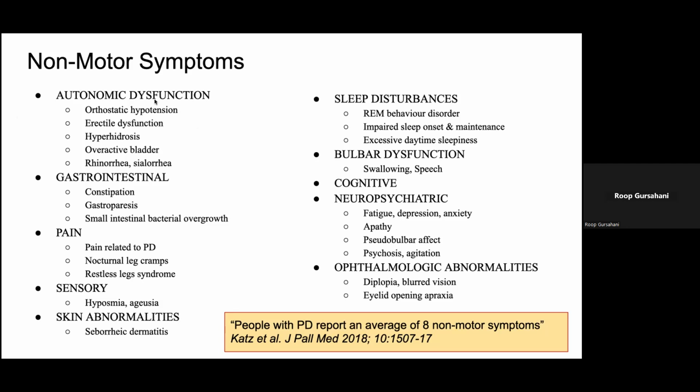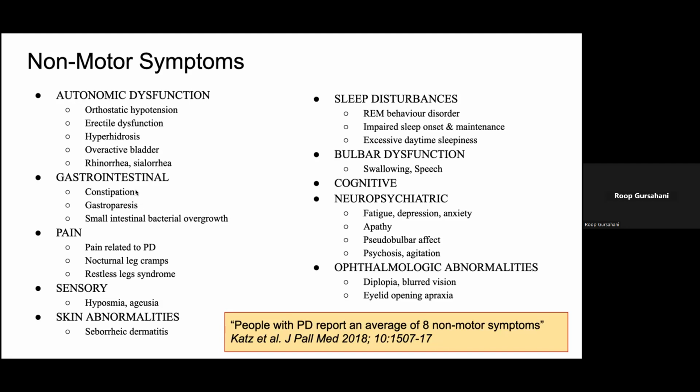Autonomic dysfunction, you can understand, will produce orthostatic hypotension. So when they stand up, their blood pressure falls. They may have bladder and sexual dysfunction, and they often have sialorrhea, which means they have excess saliva, and this is due to both excess secretion as well as inability to swallow. So it all drips out, and that can be a very distressing symptom.